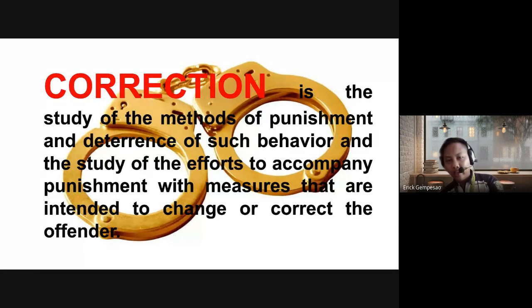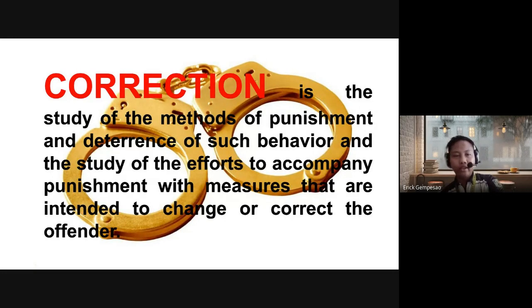Again, the intention of correction is to change or correct the criminal or the convicted offender or the sentenced offender for that matter. Correction is the study of punishment.